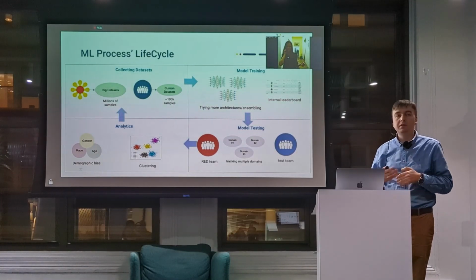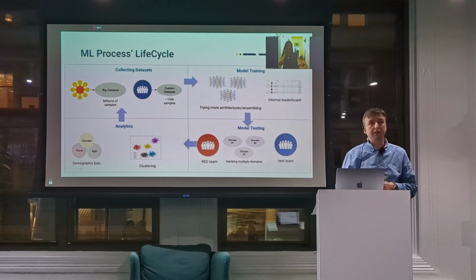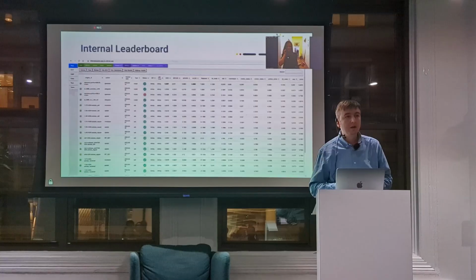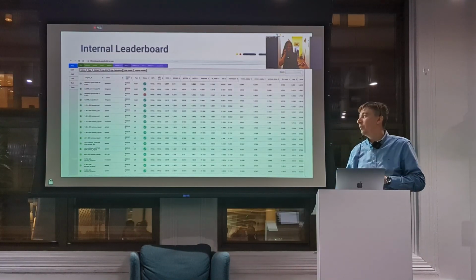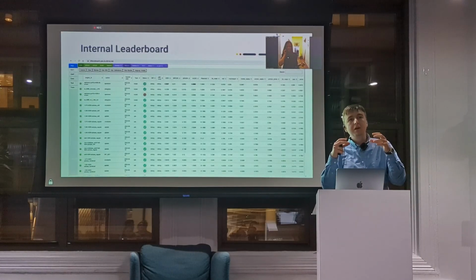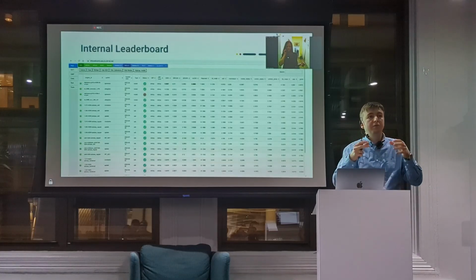But how to make this technology really, really accurate and first of its class in the world? How to do that? We implemented an internal leaderboard. Each of our ML engineers can train a neural network, submit it on the leaderboard, and get some kind of ranking.